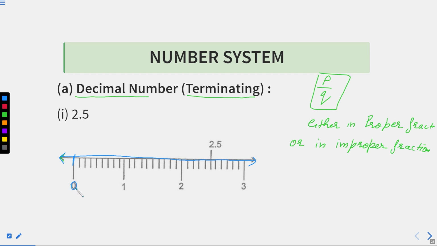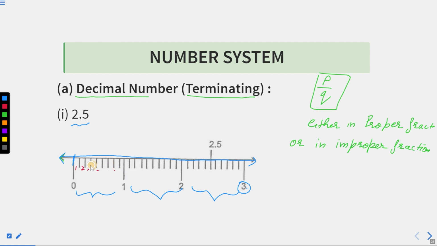Now we take regions 0, 1, 2, 3 and so on. We have to take just 3 maximum because we are given the number 2.5, and divide every region, this region, this region, and this region into 10 equal parts. 1, 2, 3, 4, 5, 6, 7, 8, 9, and 10.